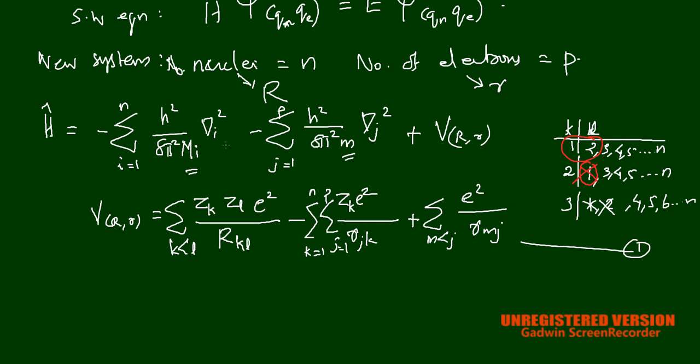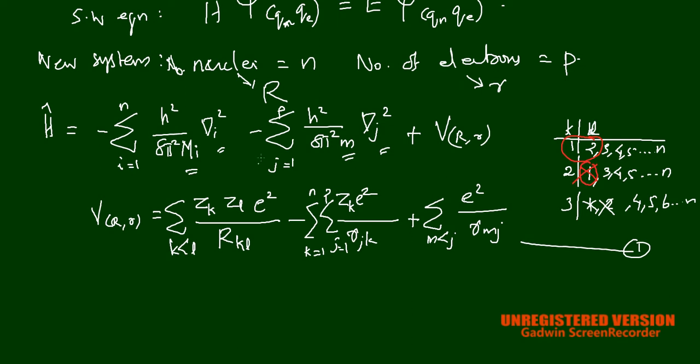Del I represents the Laplacian operator for the nuclear coordinates, and del J represents the Laplacian operator for the electronic coordinates. Zk is the atomic number of the kth nucleus, Zl is the atomic number of the lth nucleus, and E is the charge of the electron or proton.